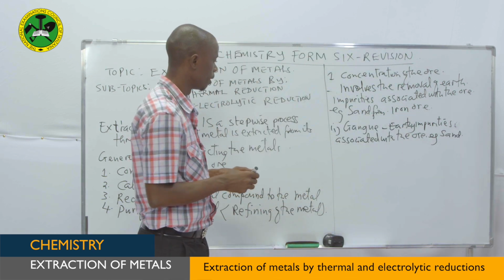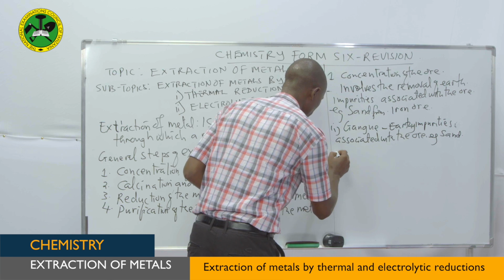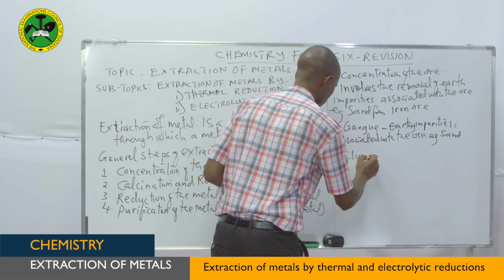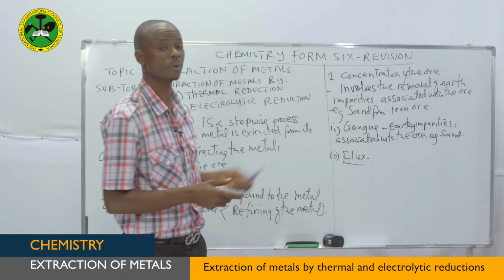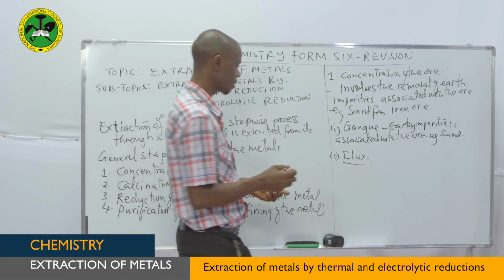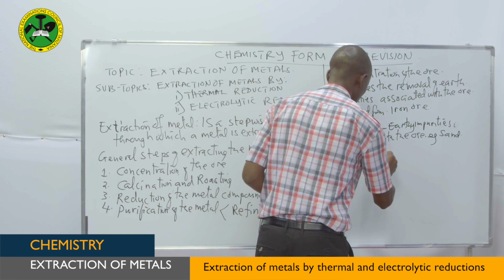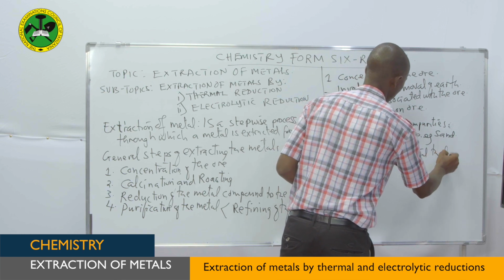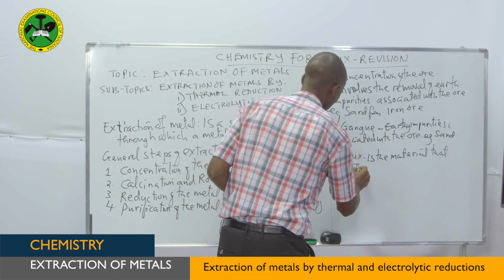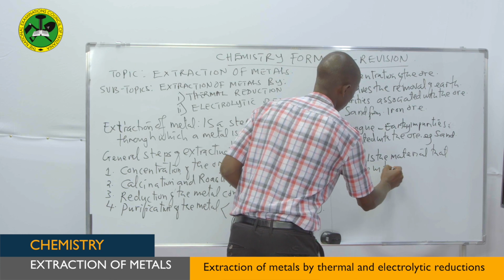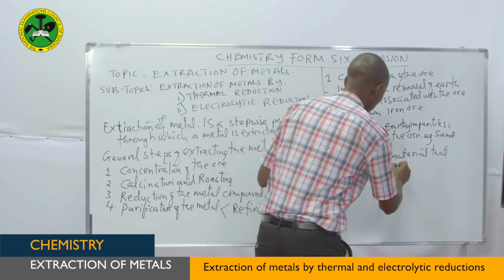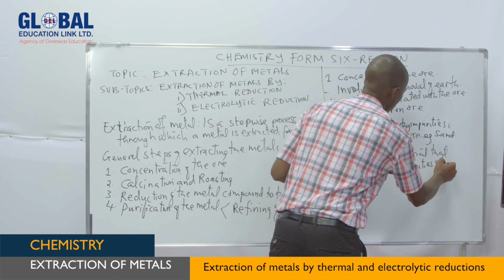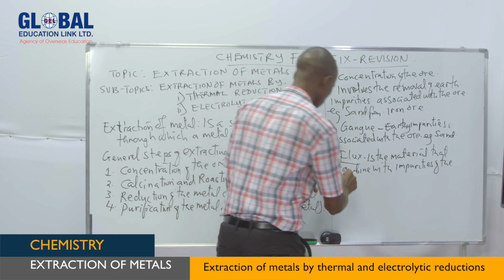Sand. There is another term also important for us to understand. We have the flux. When we talk about the flux, we are talking about the material that combines with the impurities of the metal.